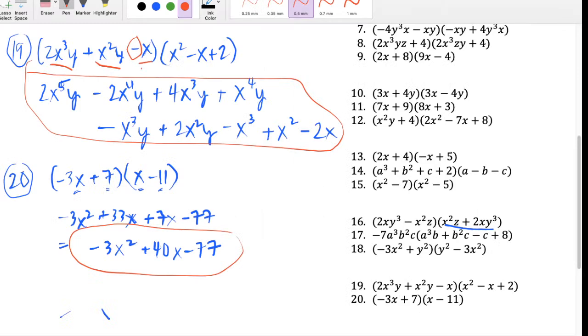Okay, number 18, x squared. Hala, syempre na-delete ko na. May mali ba ako sa number 18?